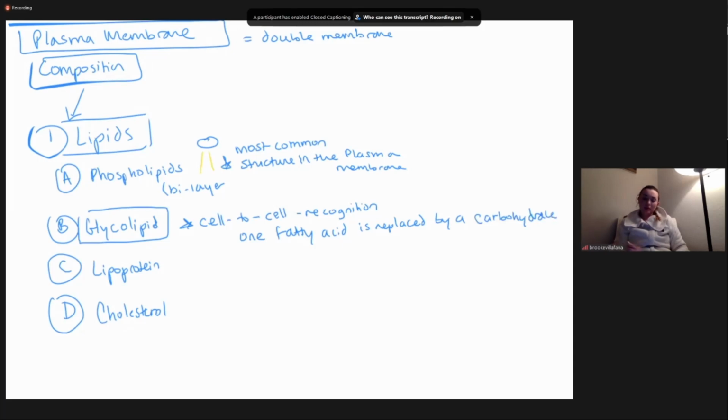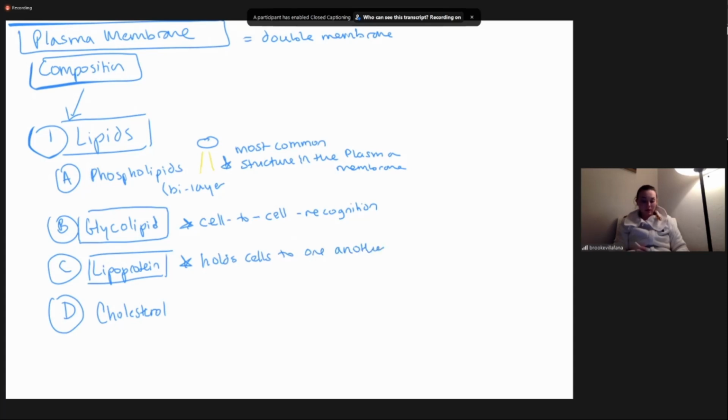So this is kind of getting more into molecular stuff. So really, I'm just going to erase this because honestly, that's not how he'll test you. He wants you to know what are the 4 lipids and what are the 4 functions. So let's keep it with that. So glycolipids, cell-to-cell recognition. Lipoprotein holds cells to one another. And then cholesterol, this one holds the phospholipid bilayer together.